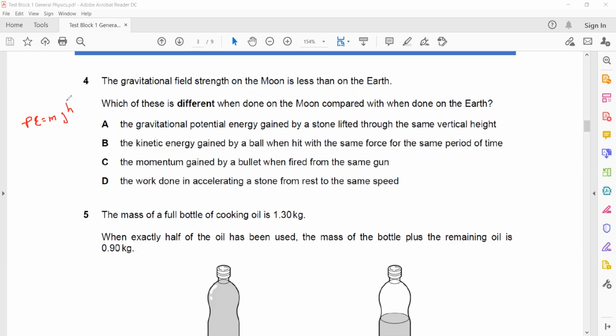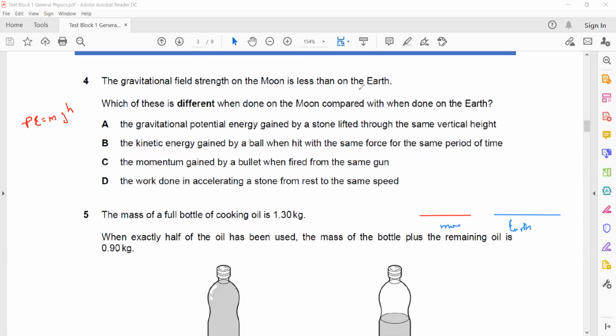Gravity here, the height. We have one object, say a 2 kilogram object on Earth, and the same 2 kilogram object on the moon.